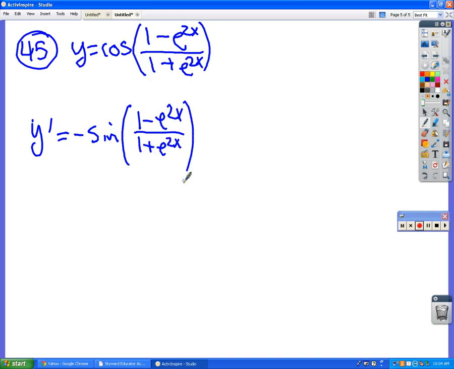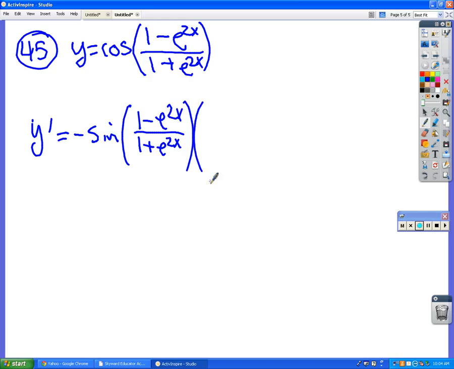So you're going to start with negative sine of 1 minus e to the 2x over 1 plus e to the 2x. So that's no big deal, right? It's when we do the chain rule, so now we have to find the derivative of this stuff right here. Things get a little bit ugly.